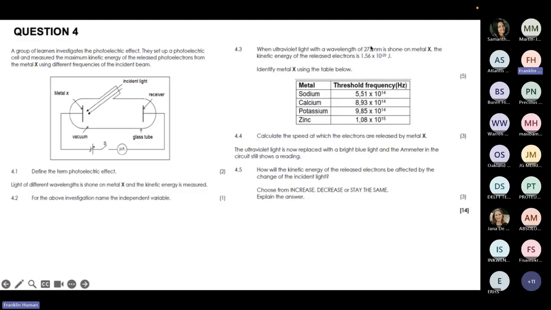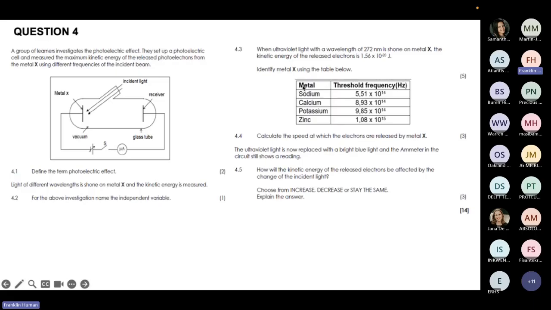So if, while you're writing your exam, you make a note, you can even underline it: my wavelength is in nanometers, don't forget to change it to meters. Identify metal X using your table below.